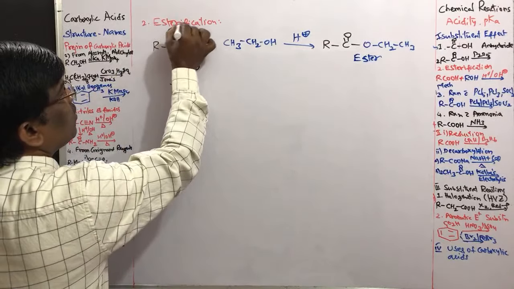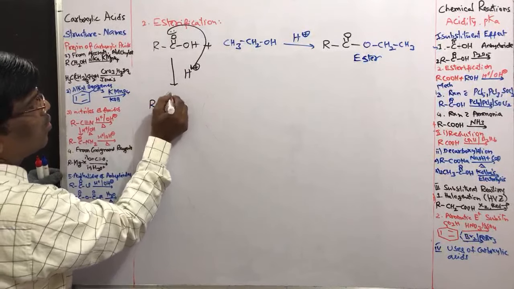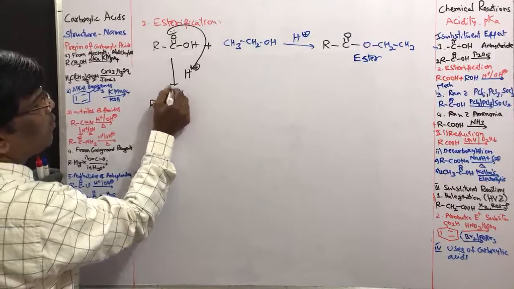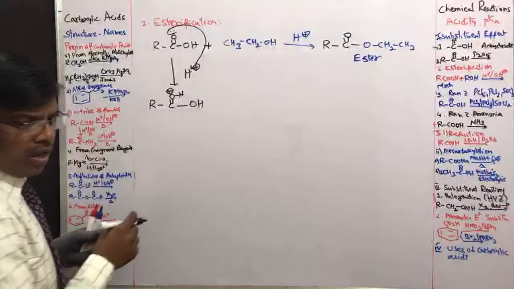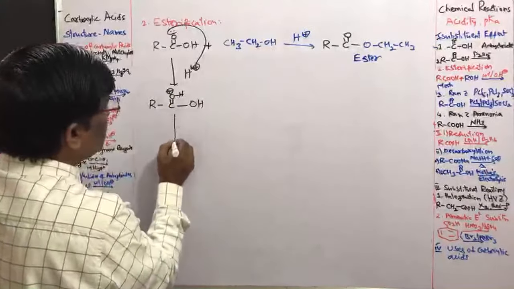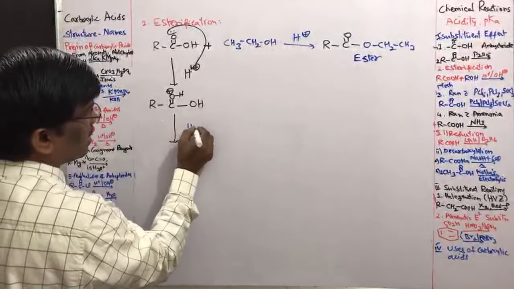So it easily donates lone pair electrons to form R-C with OH and a positive charge, and OH.